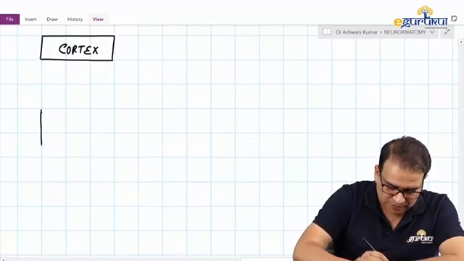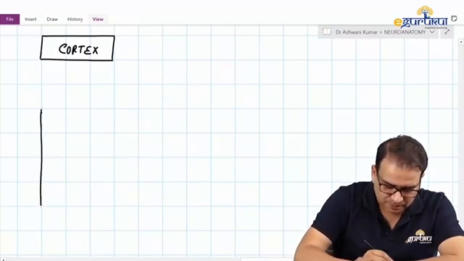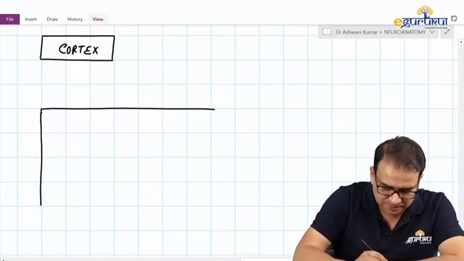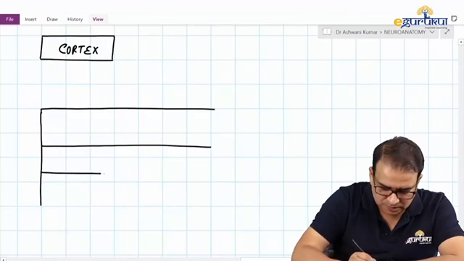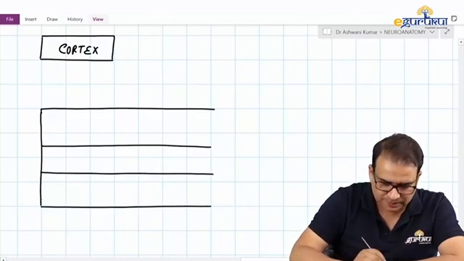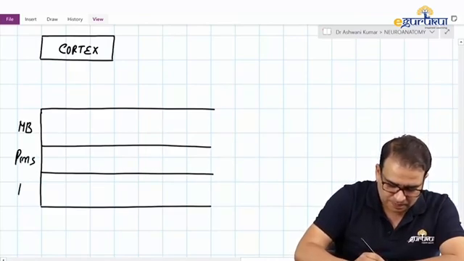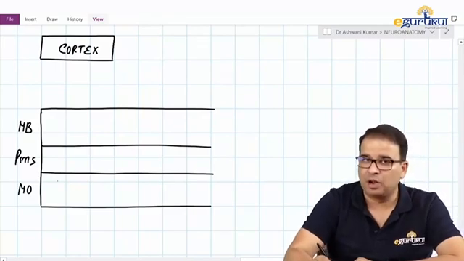Here we got three parts of the brainstem: midbrain, pons, and let's say medulla oblongata. Midbrain, pons, and medulla oblongata.